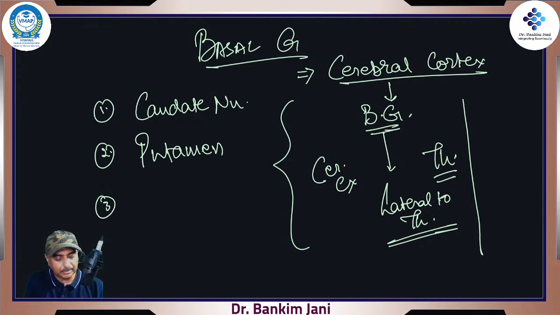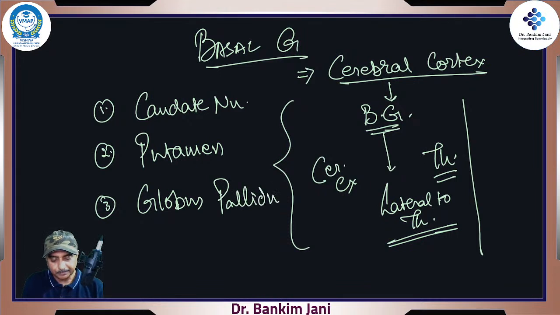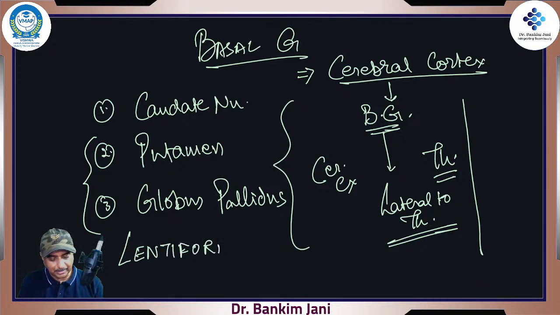And the third one is the globus pallidus. These are the three. You'll see the location of the putamen and globus pallidus is together, so together they are called the lentiform nucleus.